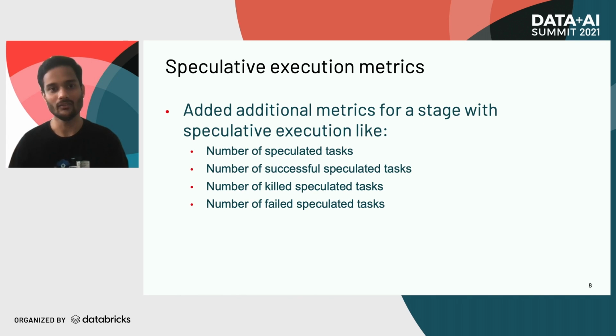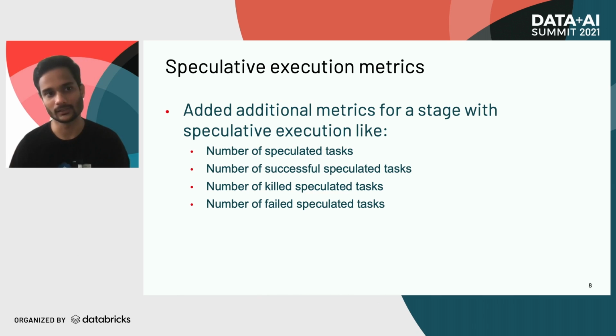Okay, now that we see we need additional metrics with respect to speculative execution, let us see what additional metrics we have added. Similar to the regular stage-level metrics, we have added metrics for speculative execution as well.